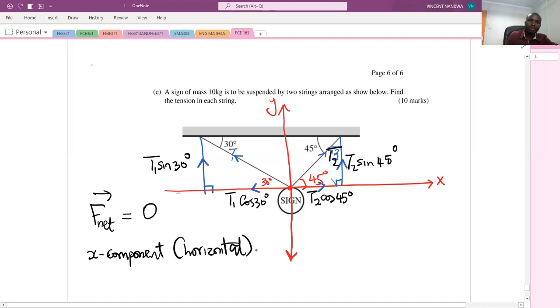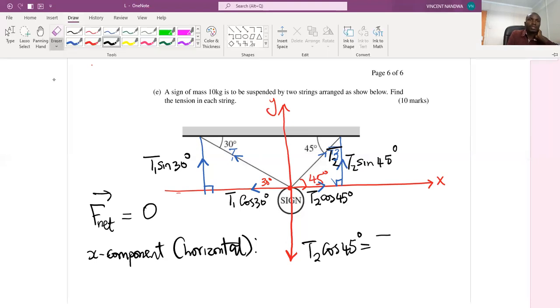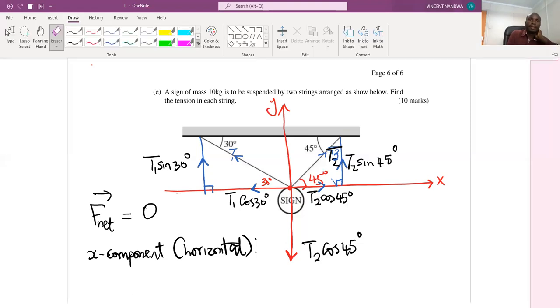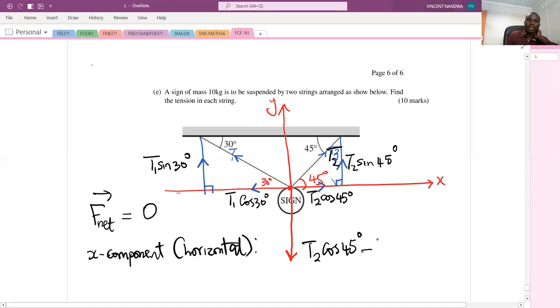Now, when you resolve for horizontal forces, the forces acting horizontally are this T2 cos 45 and this T1 cos 30 degrees. Customarily, we take right-hand side to be positive, left-hand side to be negative. So this would be T2 cos of 45, when you add to this other force, but now it's in the negative direction, so minus T1 cos 30 degrees is 0 from this definition.